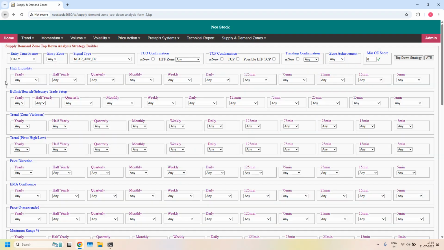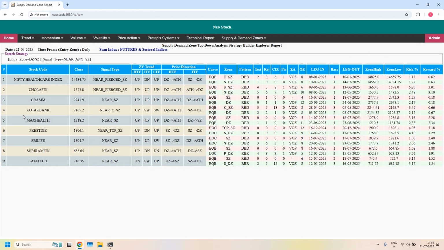Okay, next, for the daily time frame, let us find the stocks near the daily supply zone. So we got 9 stocks. Let us identify daily high liquidity supply zones from this list. Kotak Bank is having a daily high liquidity supply zone.